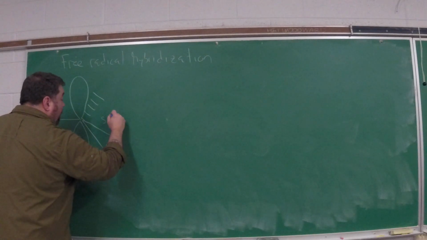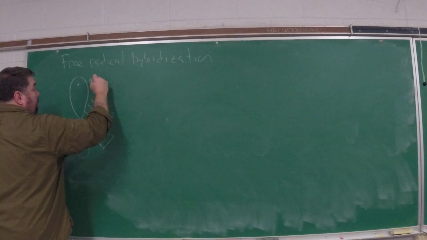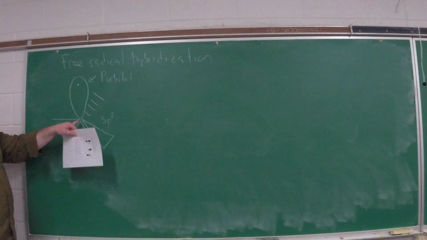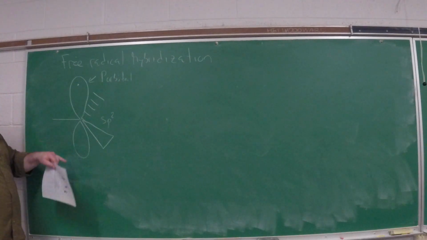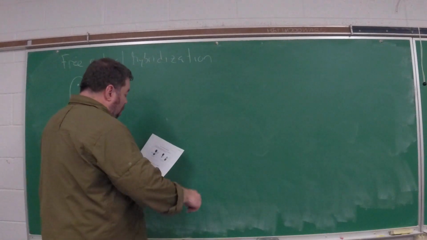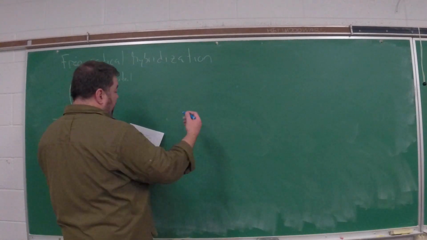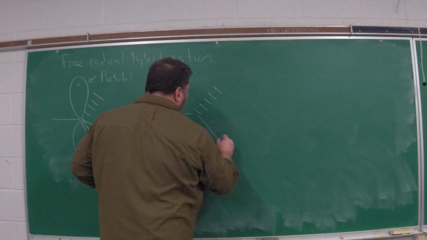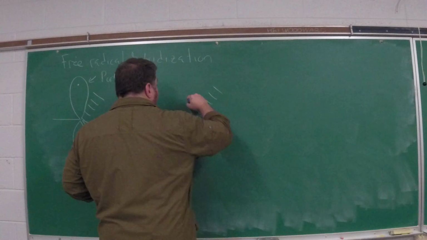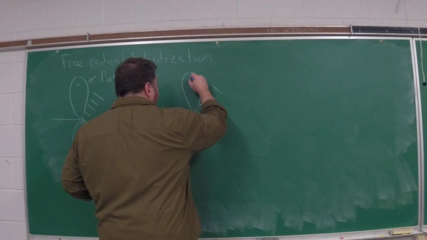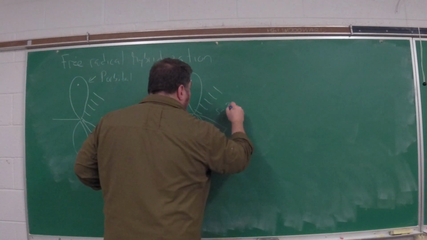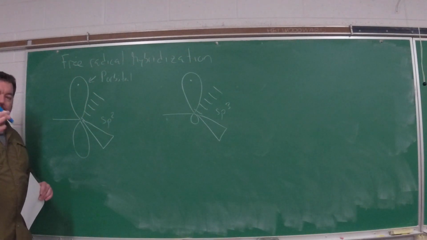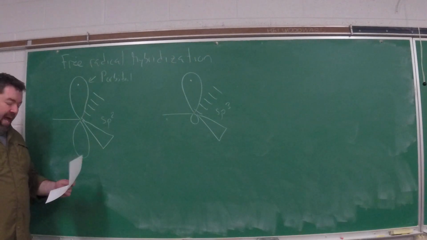This is sp2. This is an unhybridized p orbital. The rest of these are sp2. Again, the lobes on both sides are the same. Or we could have an sp3. Think of it as an sp3 orbital. Either or. This will be important later on for looking at the chemical reactions of what's going on.